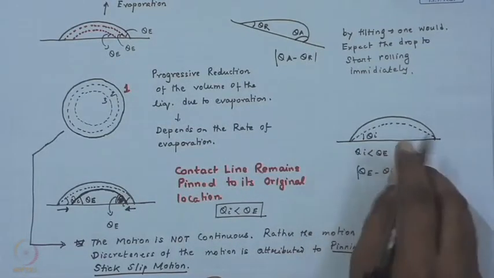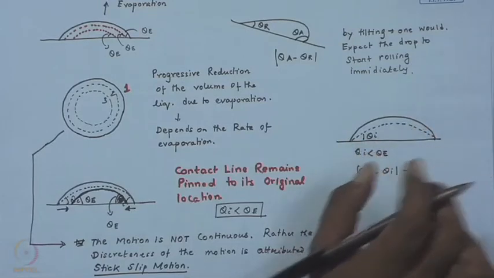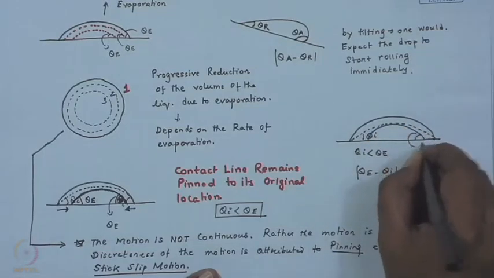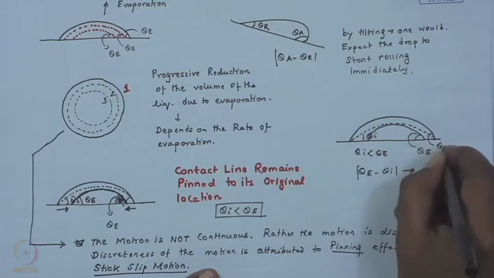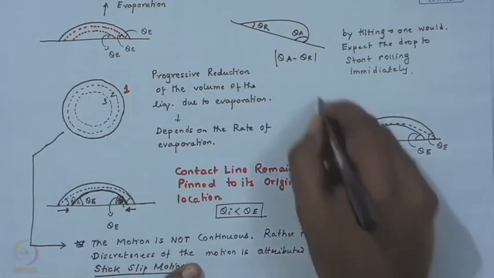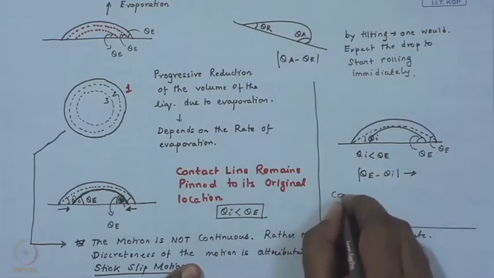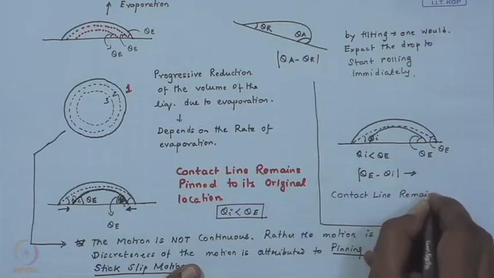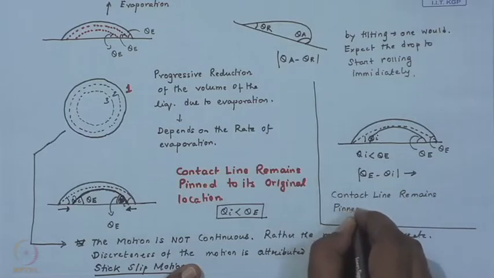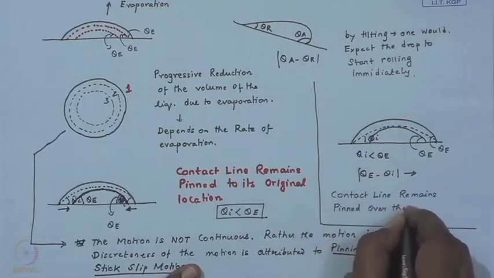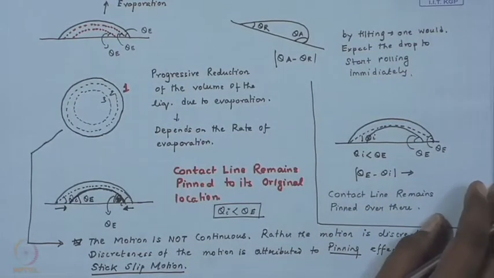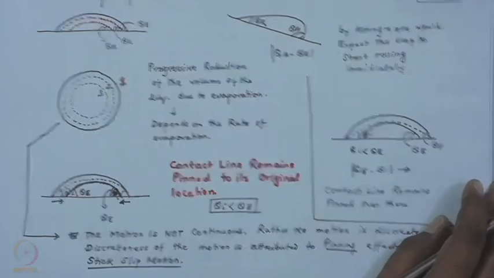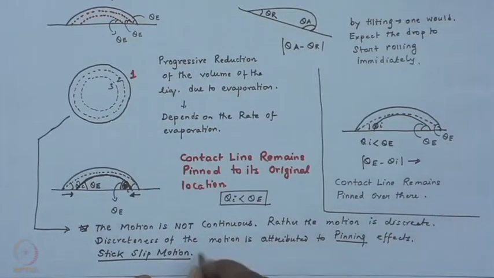Then it moves to a location where again it goes back to an intrinsic shape corresponding to theta E, and then again the contact line remains pinned there till this dynamics occurs again. This type of motion is again attributed to what is known as pinning, and is called the stick slip motion.